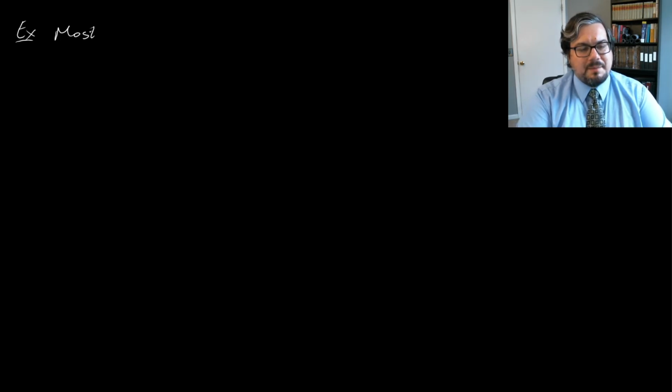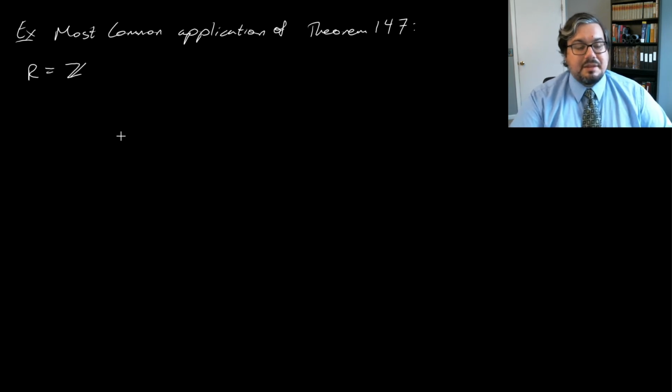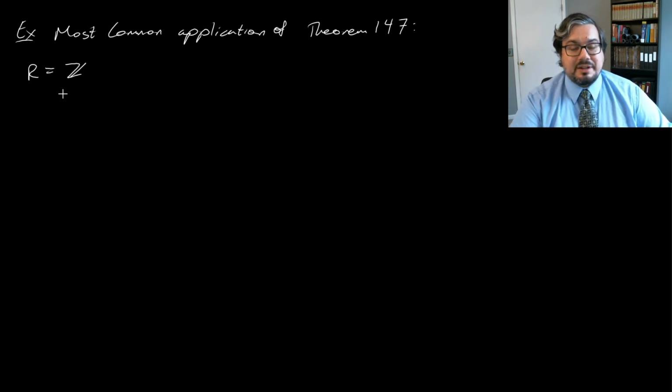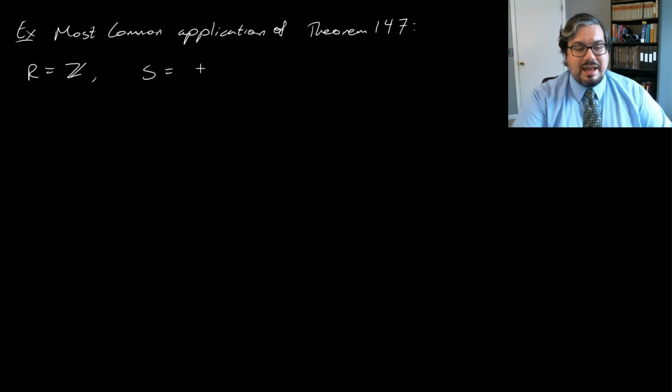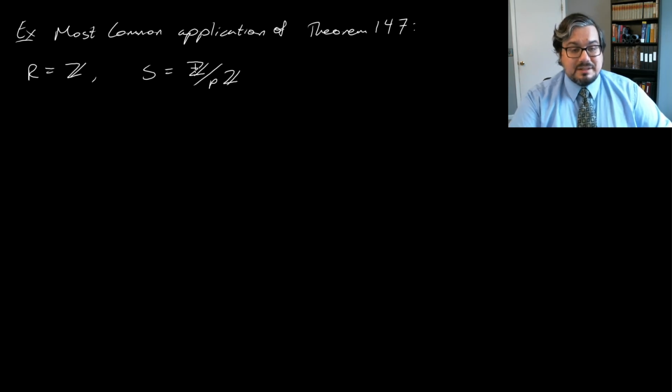The most common application of Theorem 147 is when R is the integers, so we're looking at a polynomial ring over the integers, and S is the field Z mod pZ where p is a prime number.